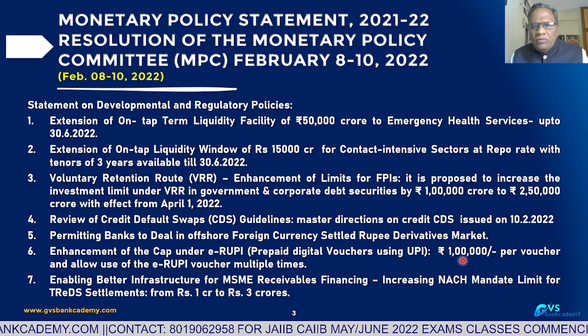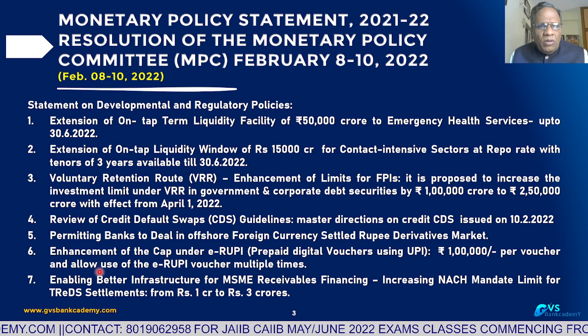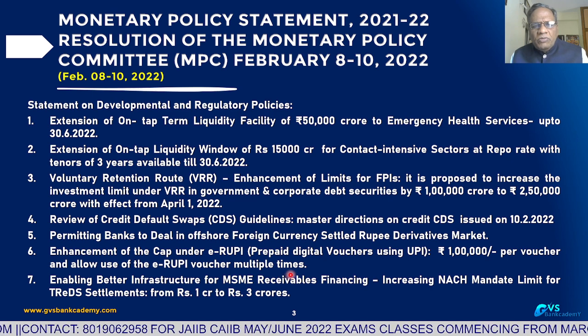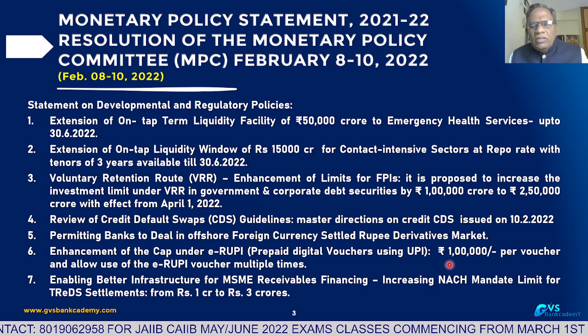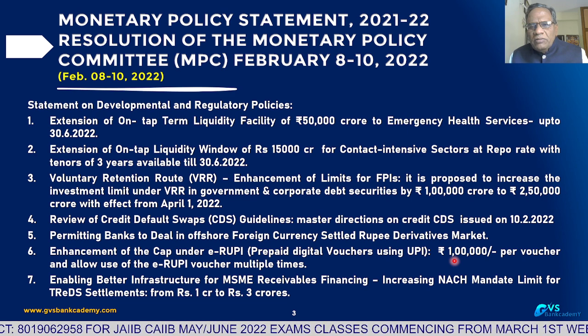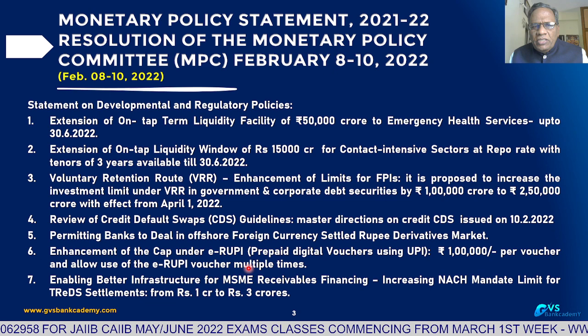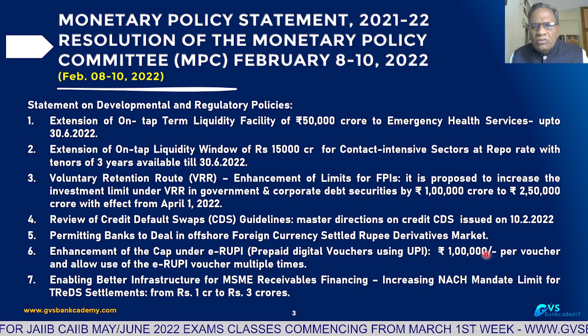Now they have increased it to 1 lakh per voucher, and allowed use of this e-voucher multiple times. Earlier they had to use it one time. Now they can use it multiple times until full utilization of the 1 lakh limit.